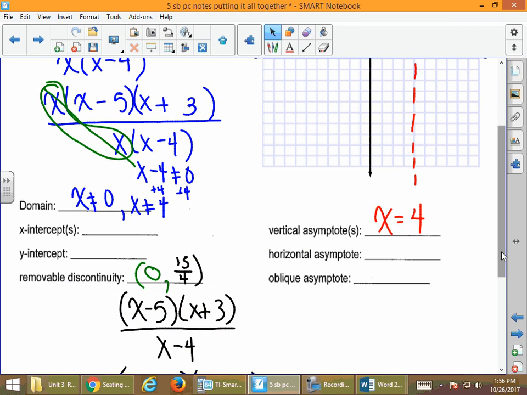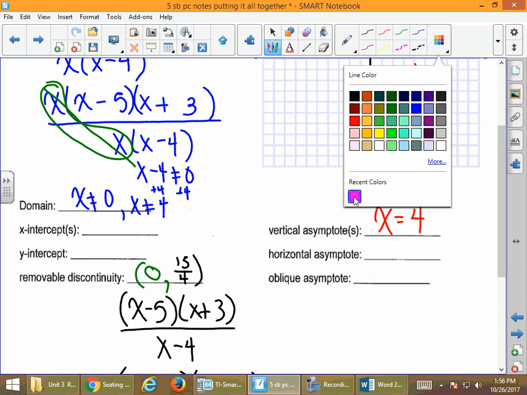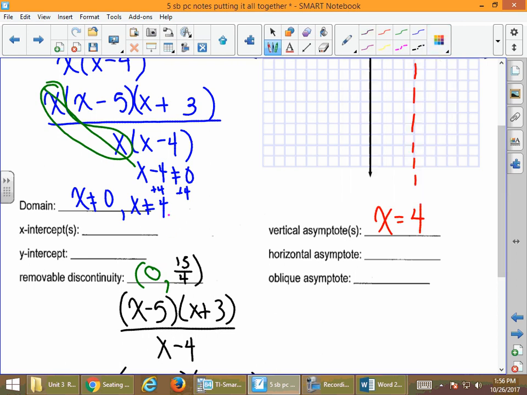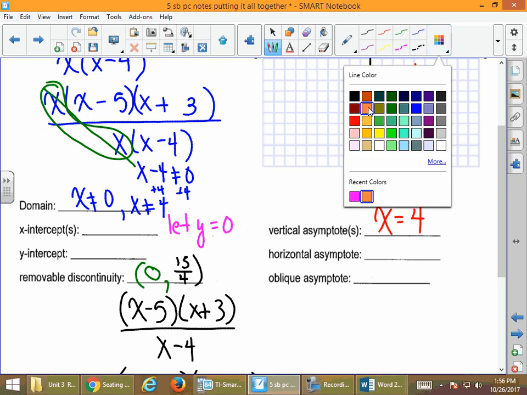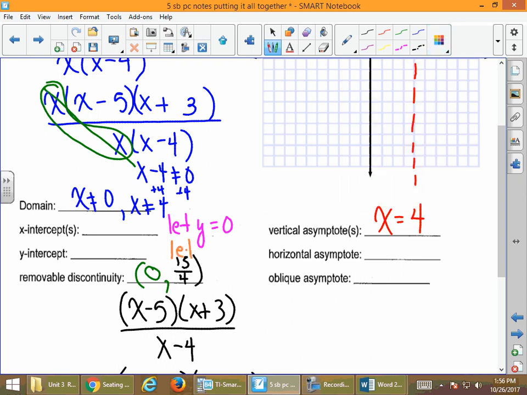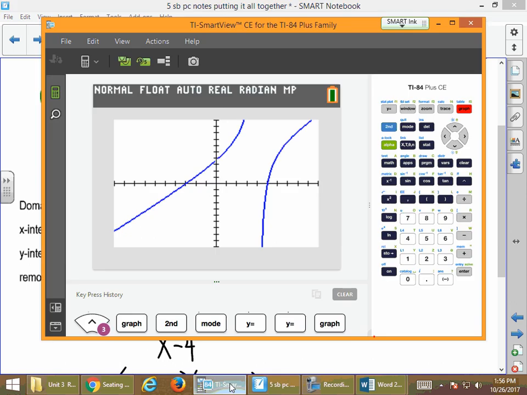We want to find the x-intercept and the y-intercept. Well, the x-intercept is determined by letting y equal 0. And the y-intercept is going to be determined by letting x equal 0. And once again, go back and look at your picture for a minute on your calculator.